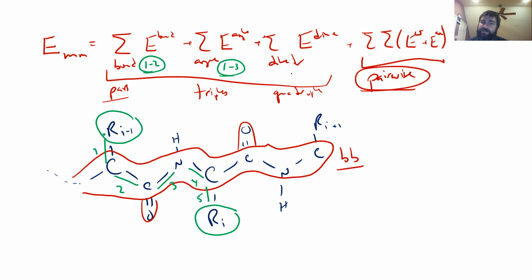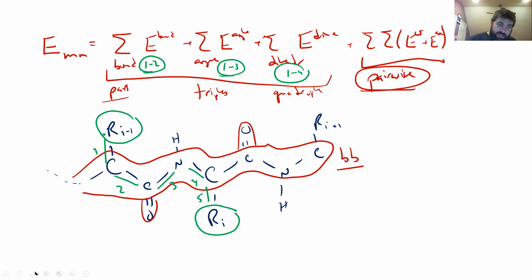Dihedral angles are 1-4 interactions. They're interactions that involve interactions through 3 bonds.